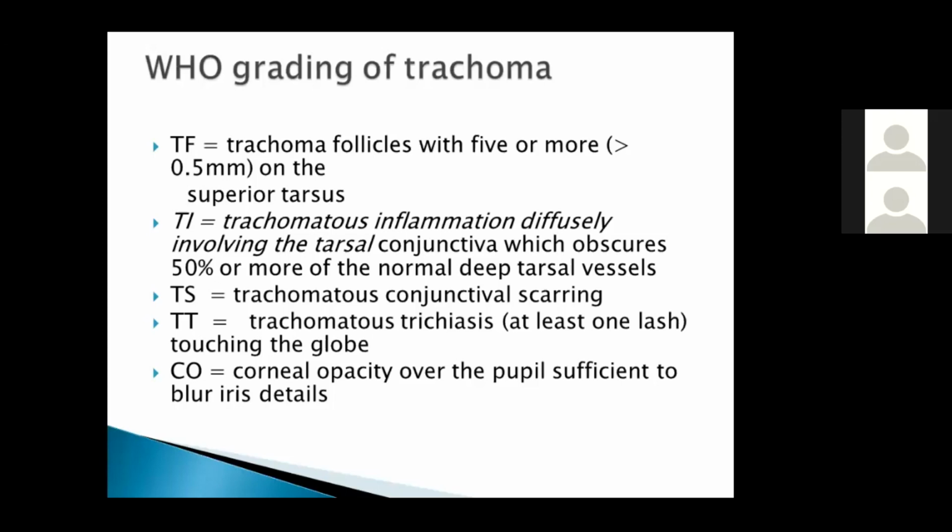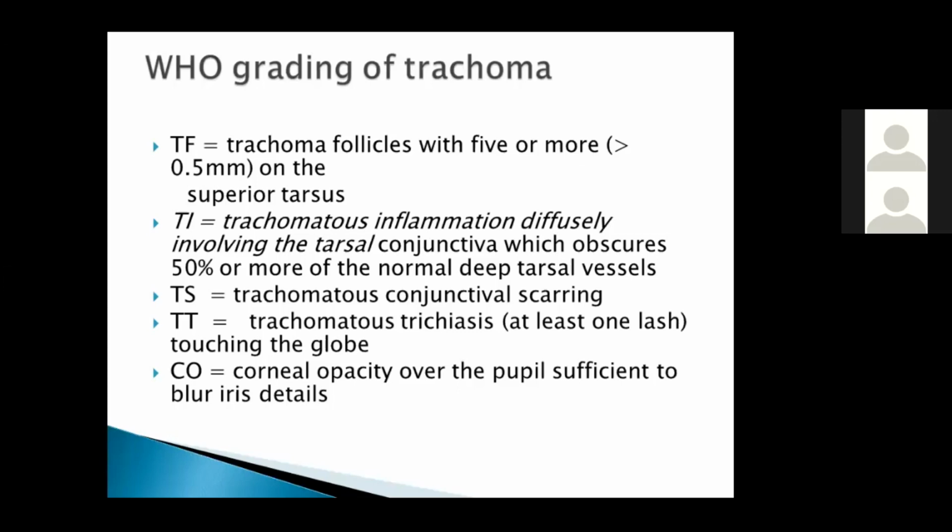The tarsal conjunctiva is on the interior part of the eyelid, while the bulbar is the eye globe, the white part of the eye. If at least 50% of the deep vessels are obscured, we make the diagnosis of TI. TS is trachomatous conjunctival scarring. TT is trachomatous trichiasis, and the last stage is corneal opacity.